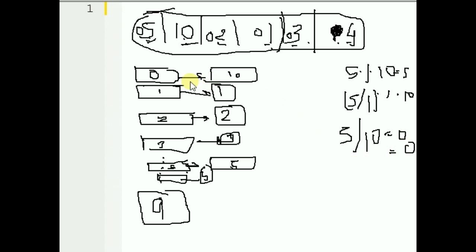Actually, now all this should be erased.